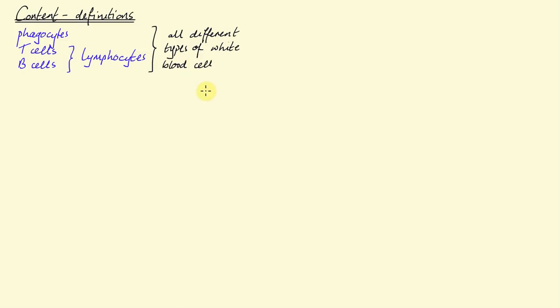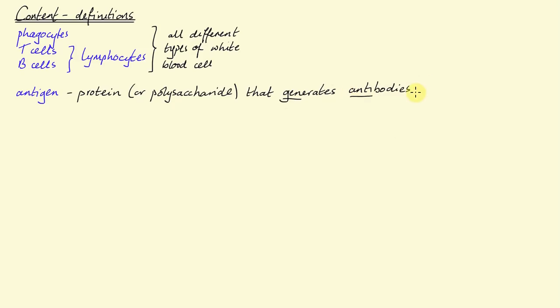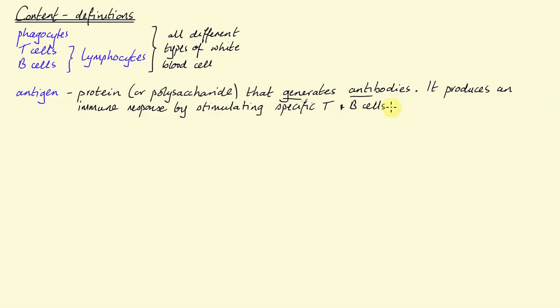And phagocytes are another type of white blood cell. Antigen, this is a protein or a polysaccharide that generates antibodies. It's why it's called an antigen, because it generates antibodies. It produces an immune response by stimulating the specific T and B cells.